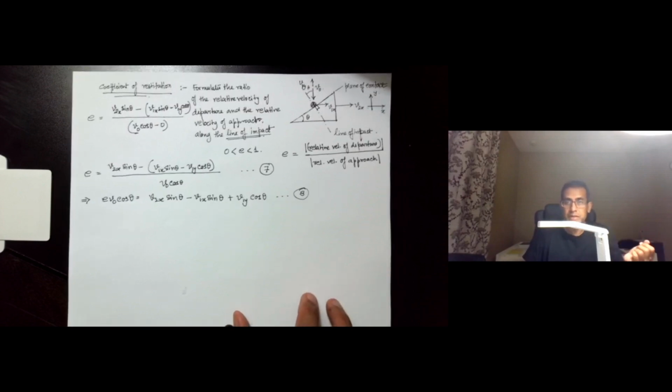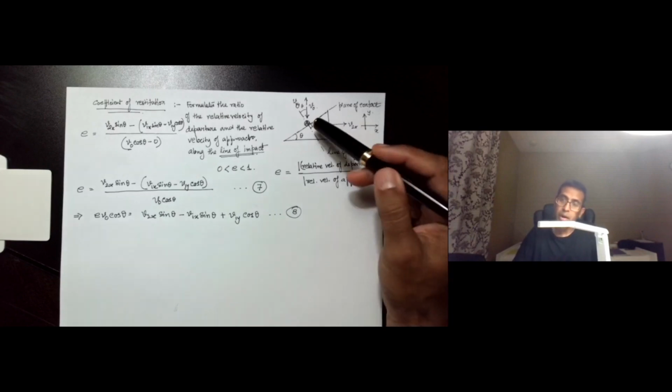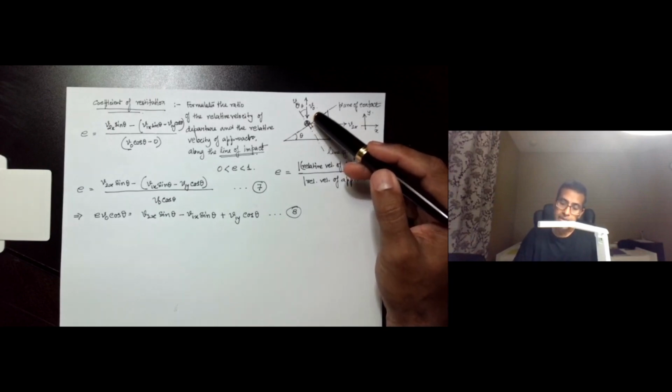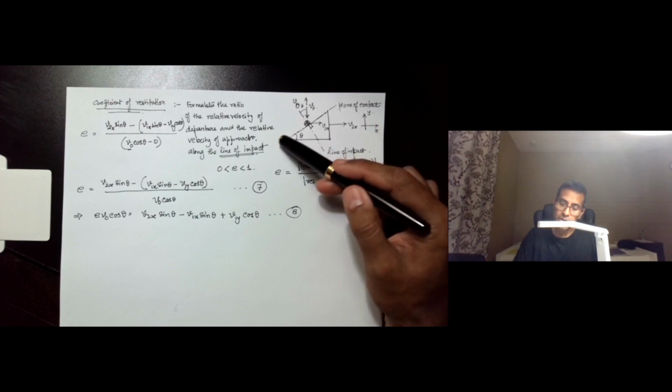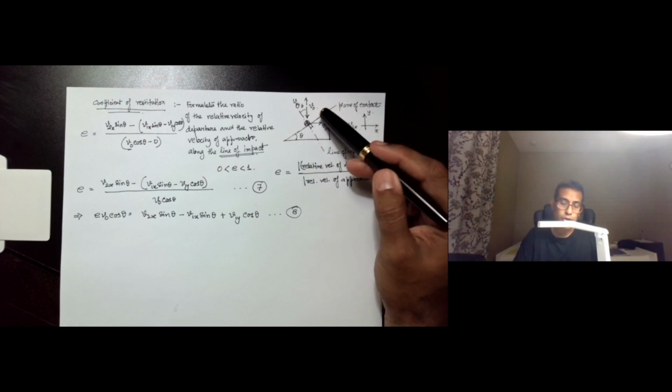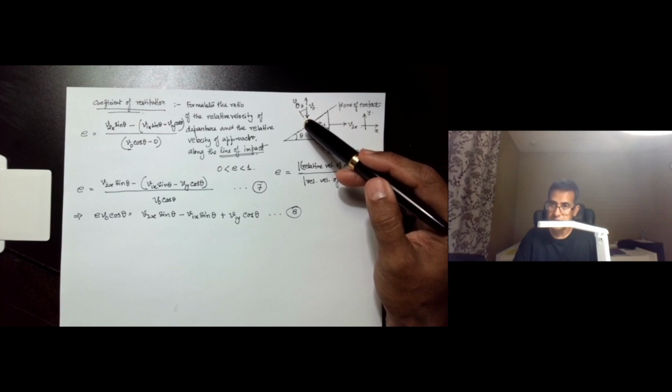So now we have two equations: the one we obtained from the conservation of linear momentum, and one we obtained from applying the coefficient of restitution on the relative velocities. We need a third equation, and that would come from the observation that for the particle, along the plane of contact, there would not be any change in velocities.